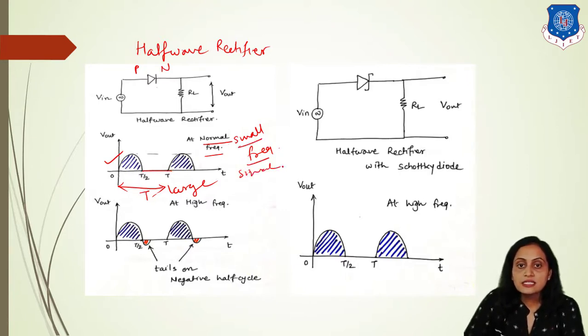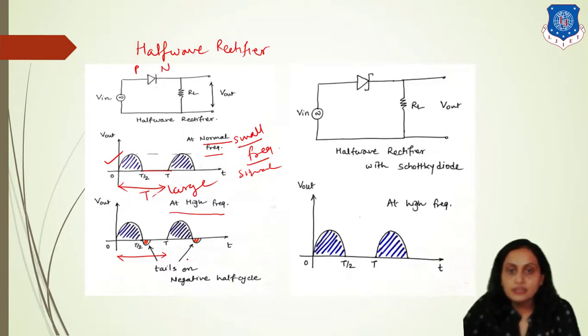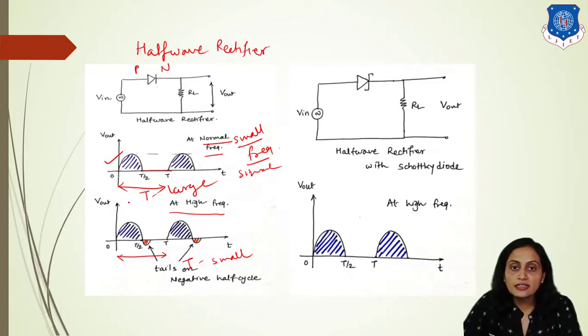Now let us consider the high frequency signal. This is an enlarged version. That is why we can say this time period T is very small, and this is a high frequency signal, and due to that the time required for the signal to vary is very small.